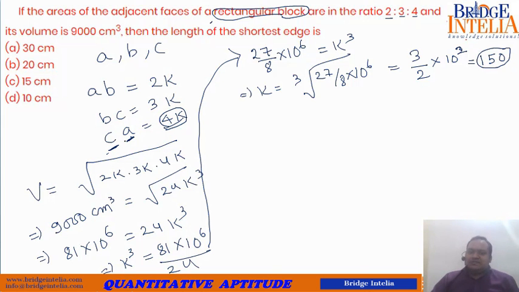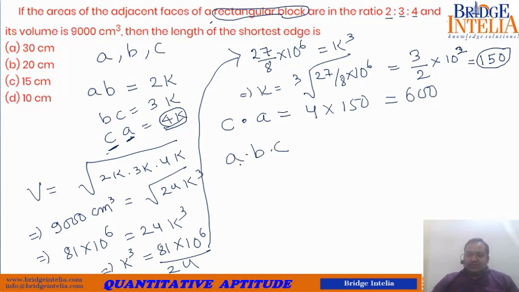So let's find the area of this surface first. So C into A can immediately be found as 4 into 150, because K is 150. So C into A is 600, and we know that A into B into C, that means volume, length into breadth into height, is equal to 9000 units. So we know that C into A is equal to 600.